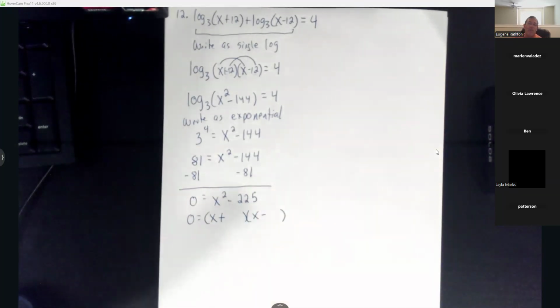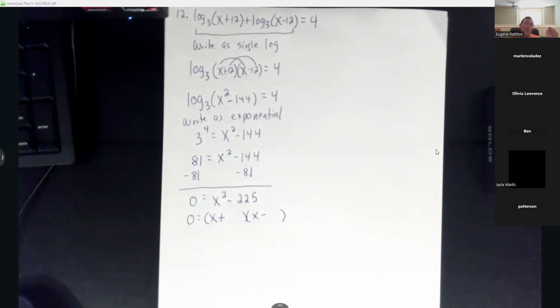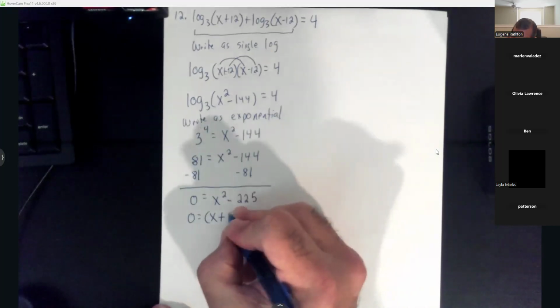Find me the square root of 225, and that's what we'll put in both of those parentheses. That ought to be 15 and 15.